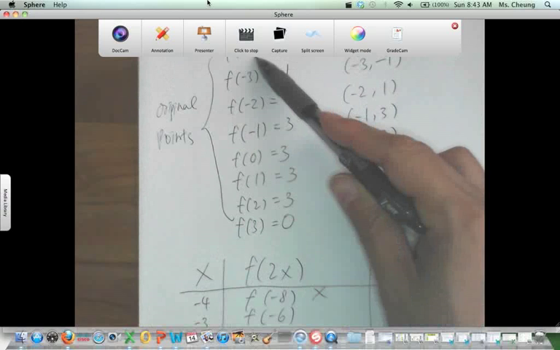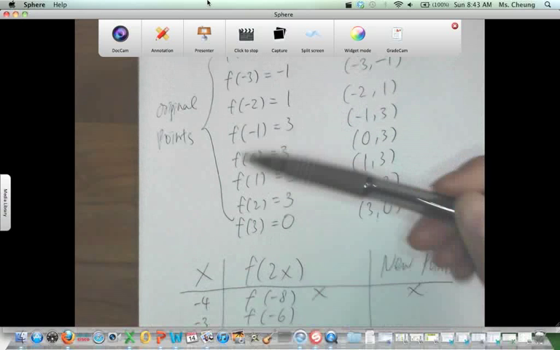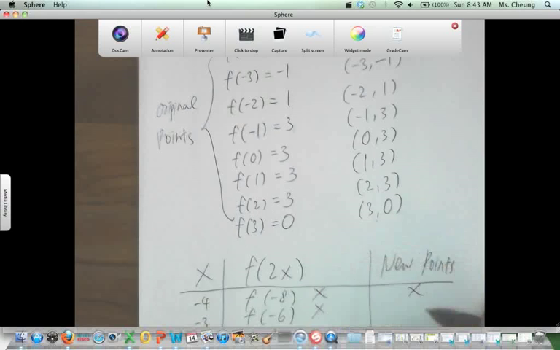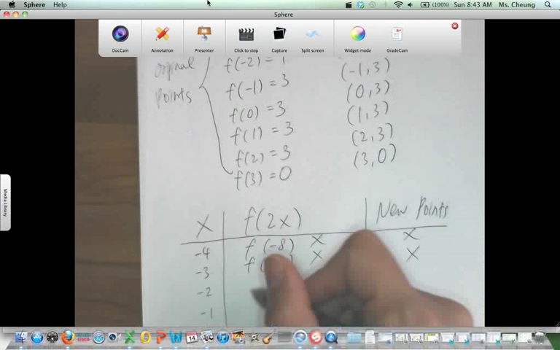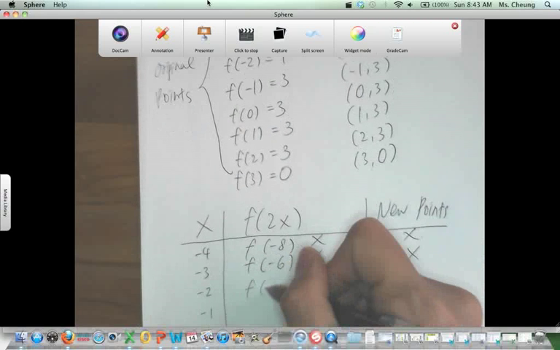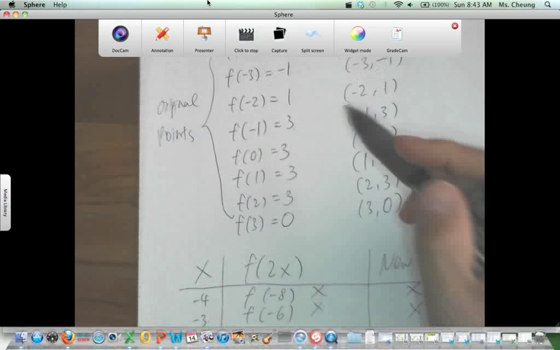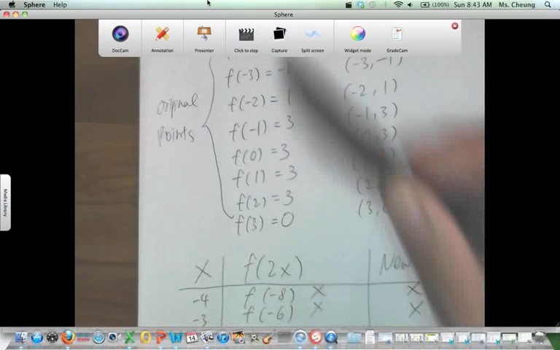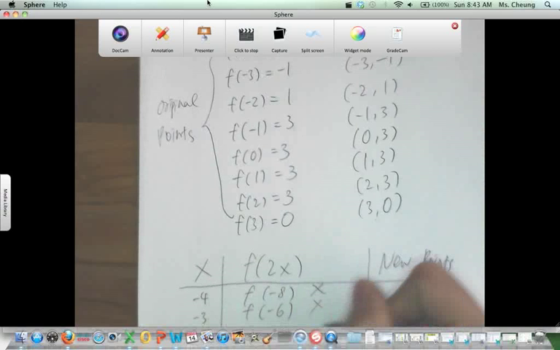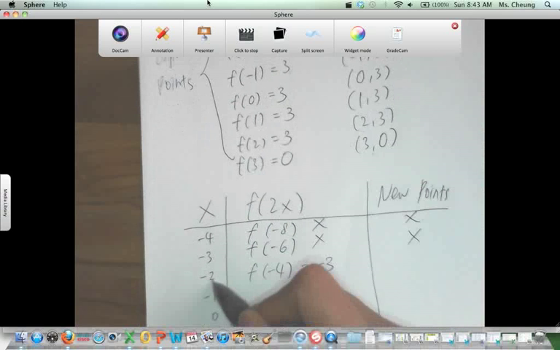Is there any f of -6? No, again. So when x equals -3 it is undefined. How about f of 2 times -2, which is -4? Is there any f of -4? Yes, so I'm going to put -3. My new point will be -2, -3.